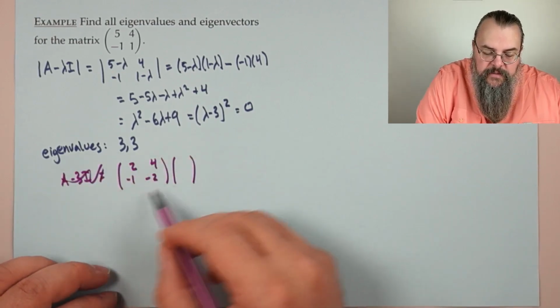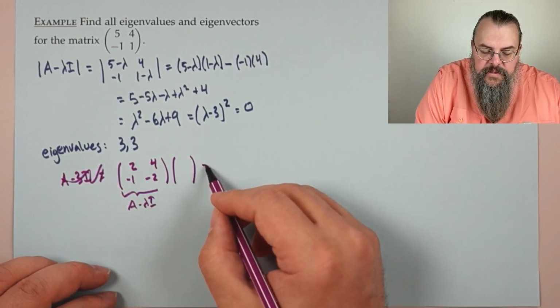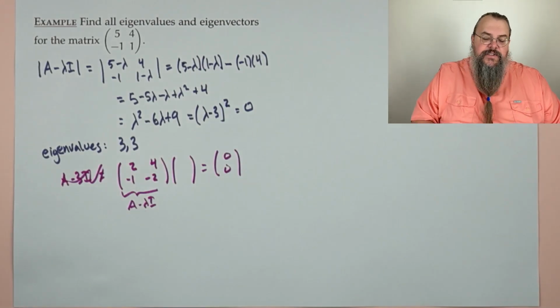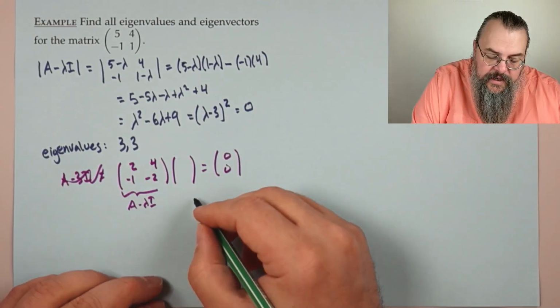This is our A minus lambda I. We're looking for something where we get 0, 0. Whatever goes here would be our eigenvector.